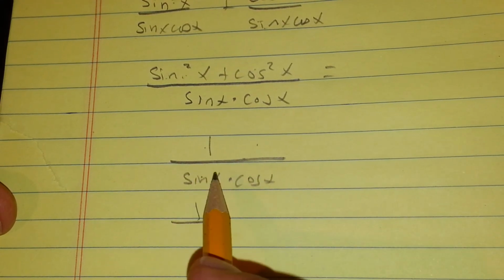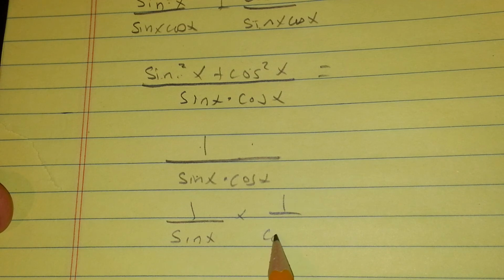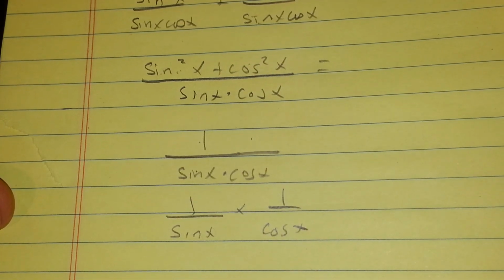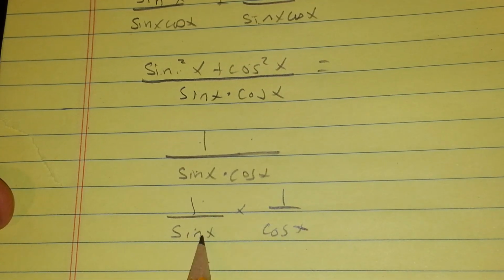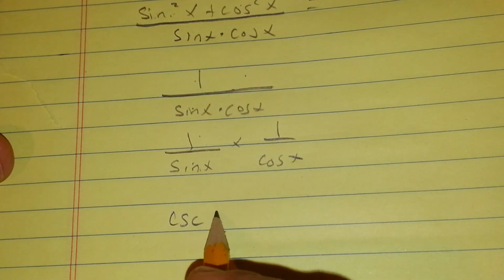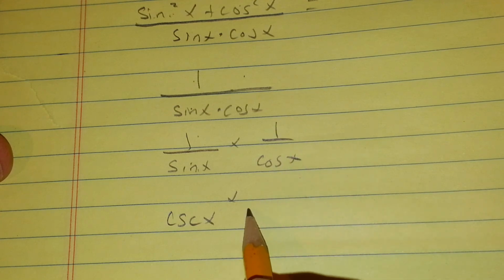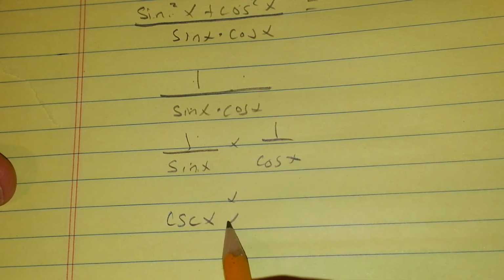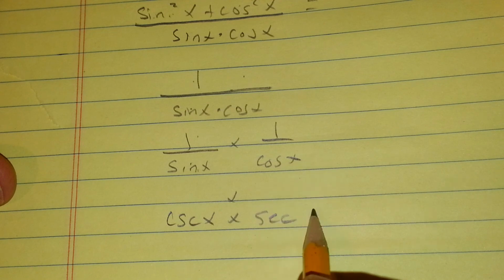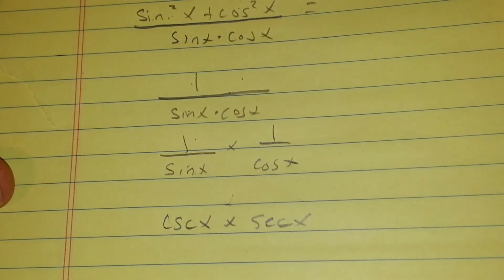This fraction is the same as 1 over sine x times 1 over cosine x, right? Well, 1 over sine is cosecant, times 1 over cosine, which is secant, right?